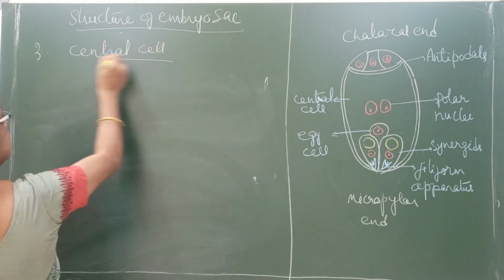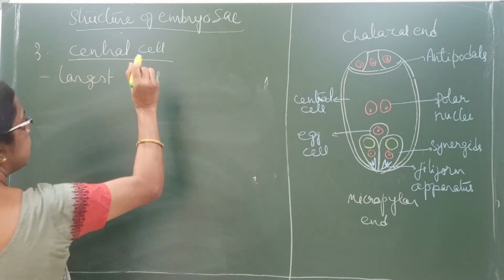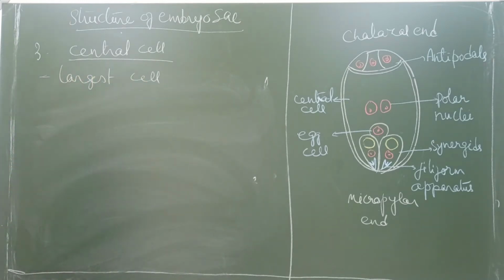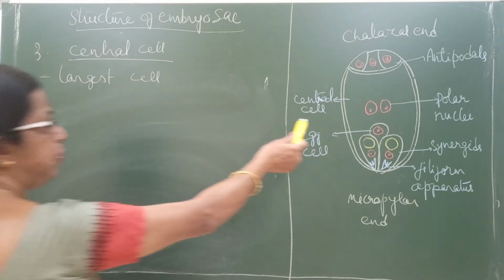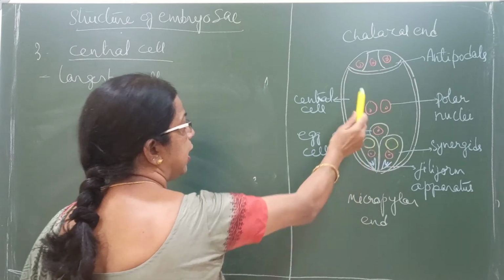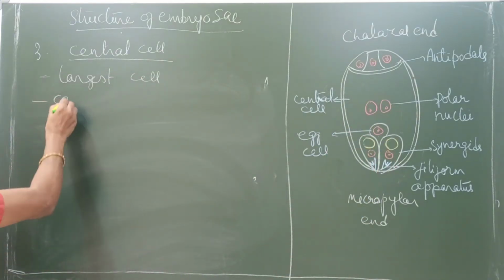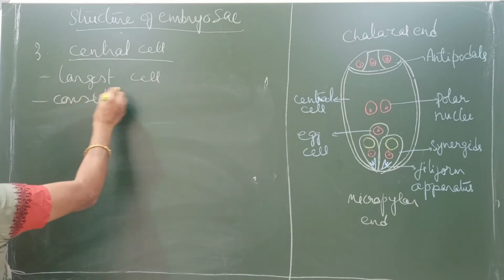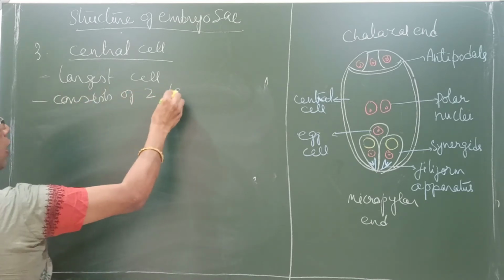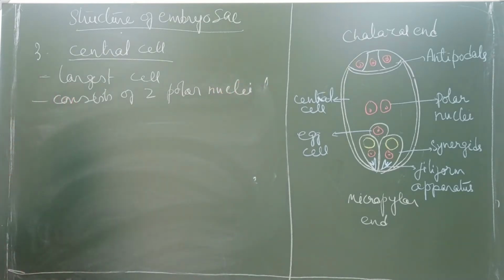The central cell is the largest cell of the embryo sac. The entire remaining portion, excluding the antipodals and egg apparatus, is called the central cell, and it consists of 2 polar nuclei.